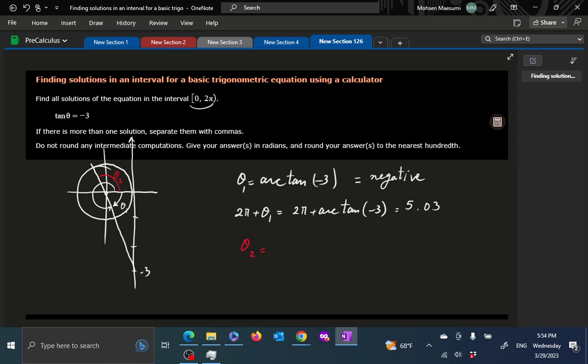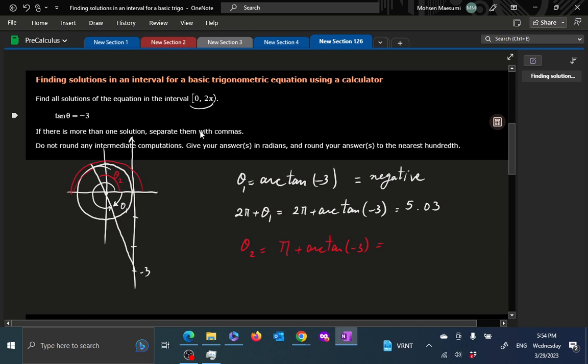That is, if I go through this angle, that would be pi, and then I need to subtract that. So I'm going to have pi plus arctangent of minus 3. Okay, so pi plus arctangent of minus 3 is going to give our answer, and let's go ahead and do that as well.